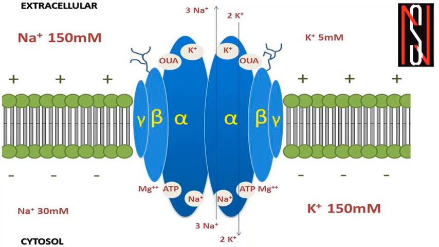So the concentration of sodium outside versus inside would be just 5, whereas for potassium the concentration inside versus outside would be 30.